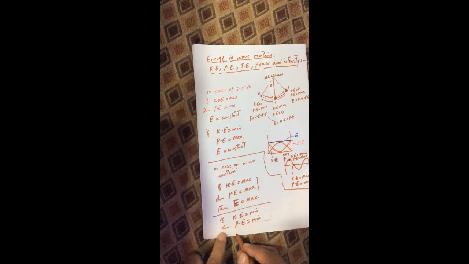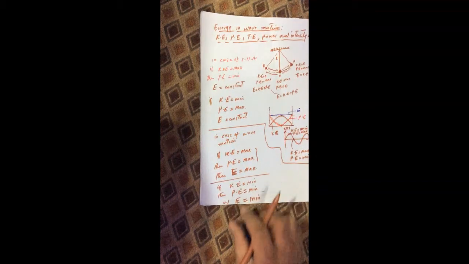So if both are minimum, then total energy will also be minimum at that point, because total energy is the sum of kinetic and potential. If both of them are minimum, then their sum will also be a minimum number. So this is completely opposite.